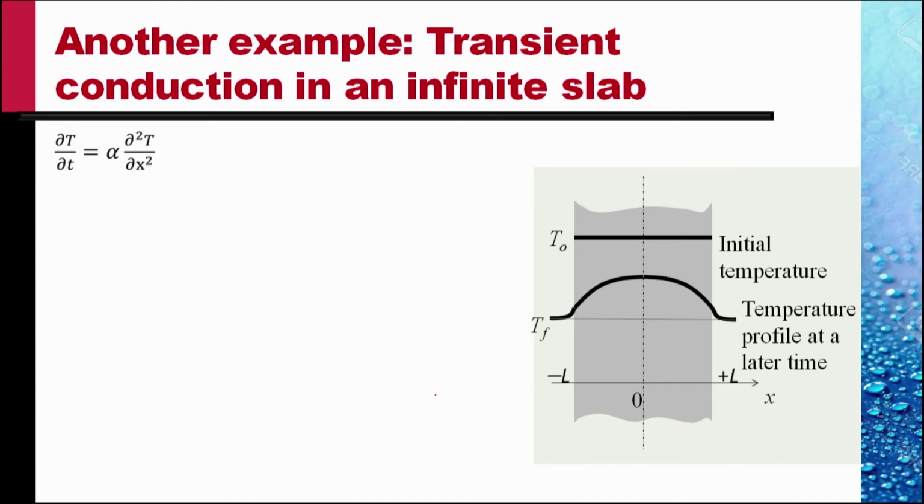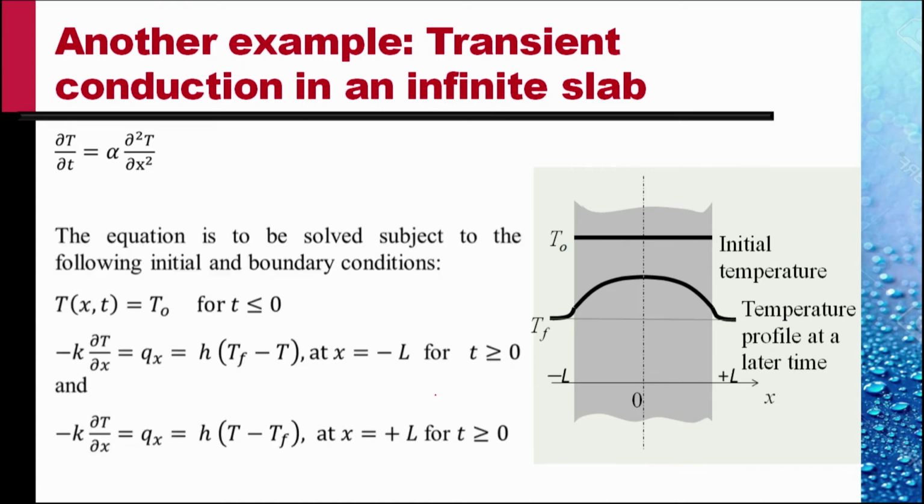This equation is to be solved subject to the following initial and boundary conditions. The initial condition: temperature T at any point x in the slab is equal to T naught for time less than or equal to 0.